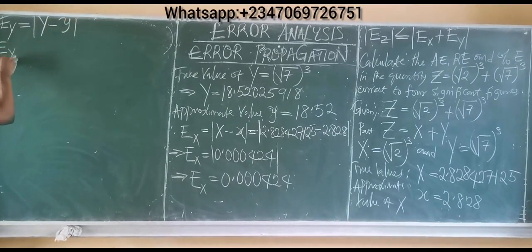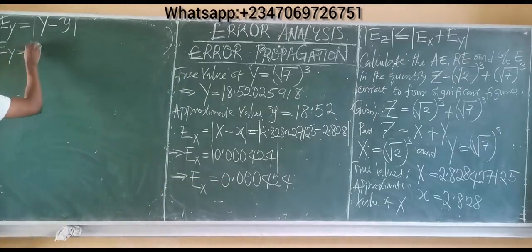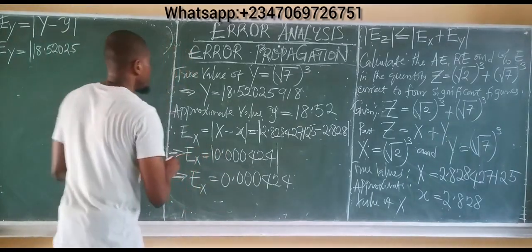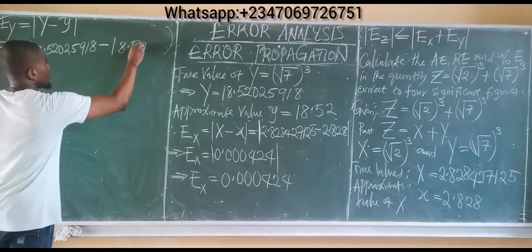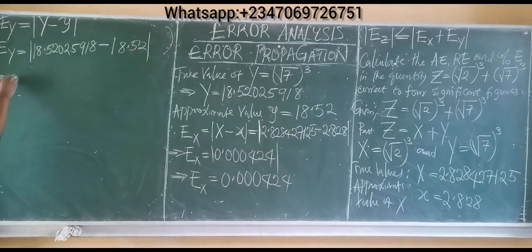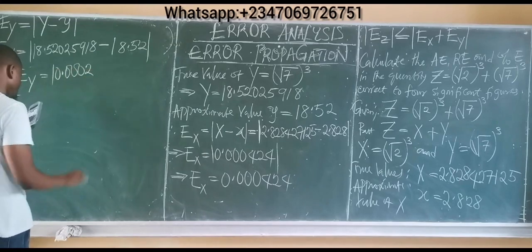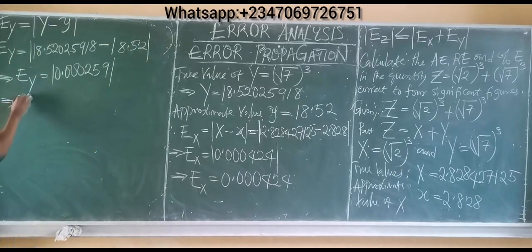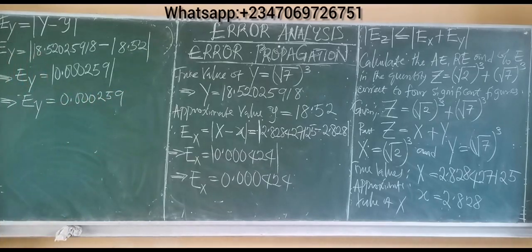We obtained the true value here as 18.52025918, minus the approximate value we obtained, 18.52. So the error in y is given as the modulus of this difference, which gives us 0.000259. So our error in y is equal to 0.000259.